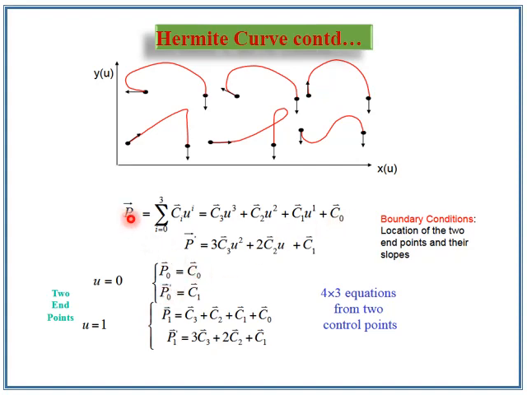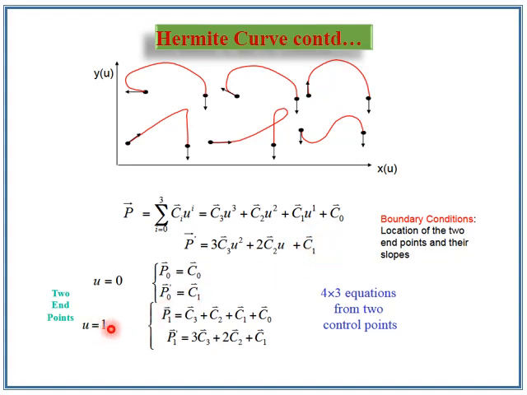While substituting u equal to 0, the equation becomes P0, and all these terms become 0, so we get C0. And in the P dash equation, with u equal to 0, we get P0 dash equal to C1. Since u is 0, these terms become 0, and only the coefficient C1 remains.